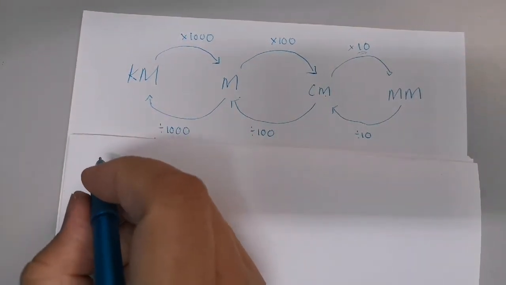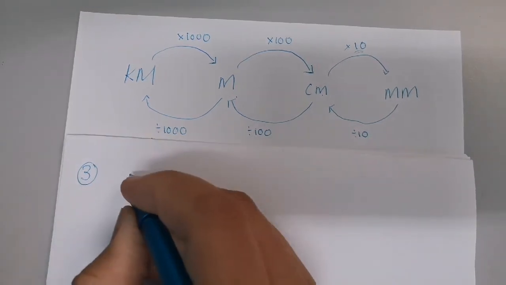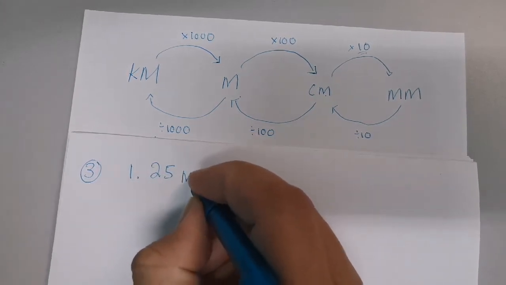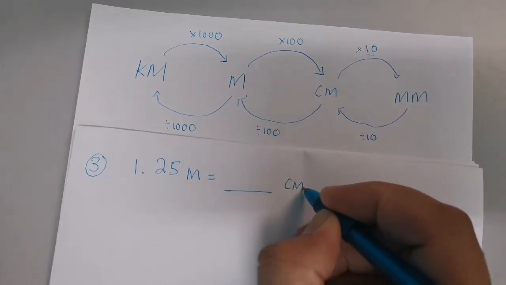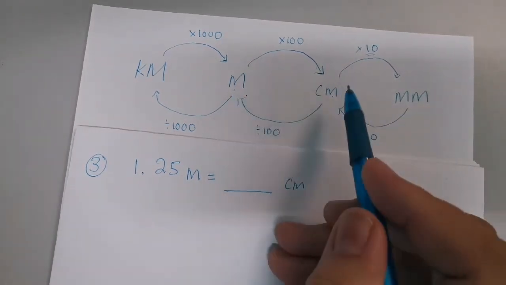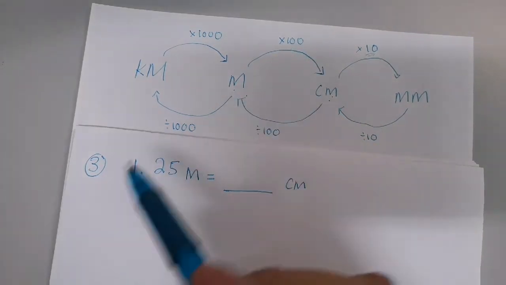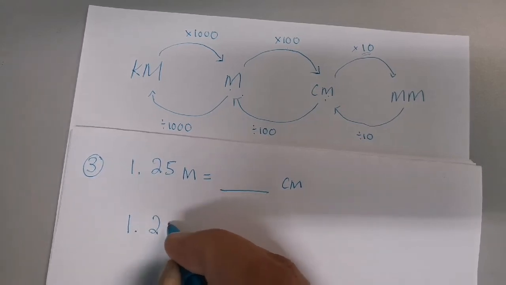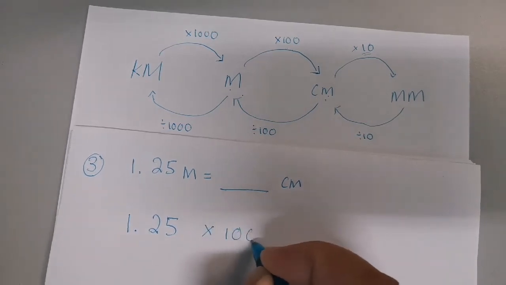Let's move to another example. Example number 3. Let's take 1.25 meter. You convert to centimeter. As the formula shown here, meter to centimeter we'll need to times with 100. Let's try shifting the decimal point. 1.25 times with 100.